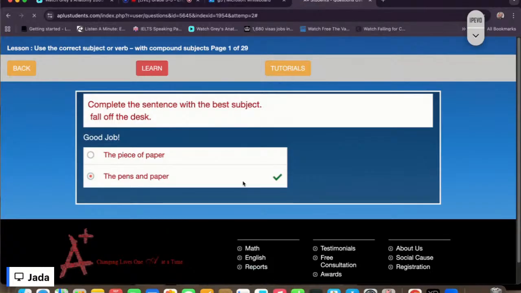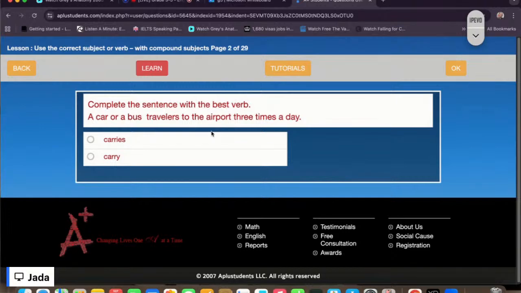Okay, so we have option two. Next up, we have a car or bus that dash travelers to the airport 3 times a day. Carries or carry?